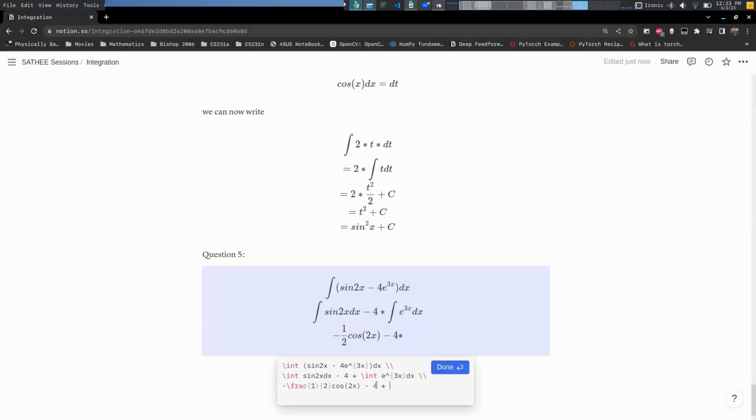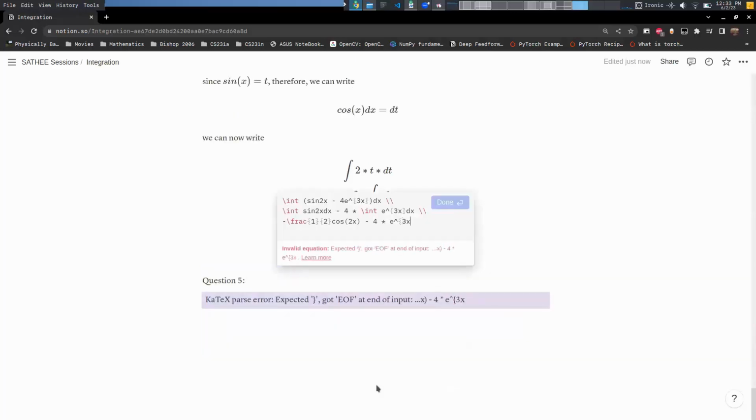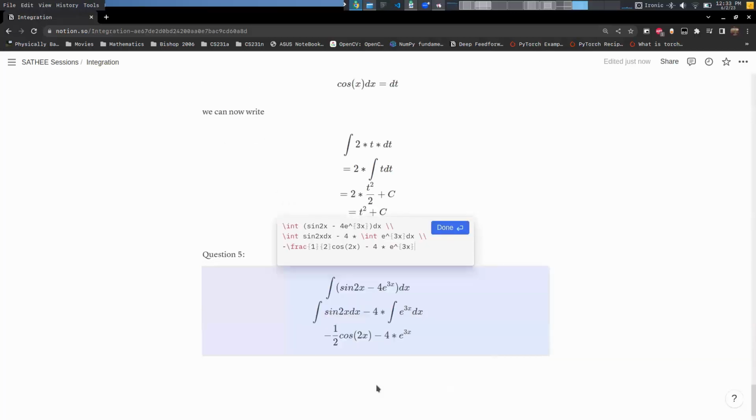So we know the integral for e to the power x, and since the argument for the exponential function is linear, we can simply substitute 3x for x and write the answer, which is e to the power 3x. Again, we'll just put 3x in the final thing.